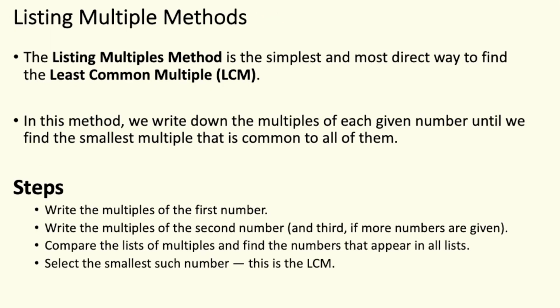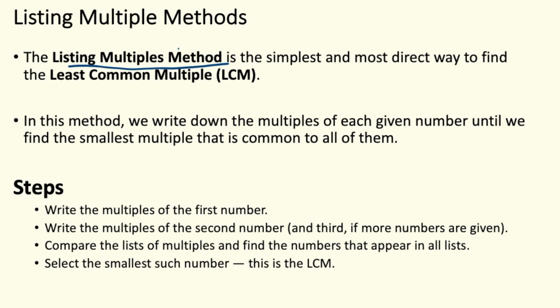Now coming to the listing multiple method, let me first revise. When we talk about the least common multiple, that is LCM, we mean the smallest number that two or more numbers can divide without leaving a remainder. So that's the core concept of LCM. One of the simplest ways to find it is by using what is called the listing multiple method.